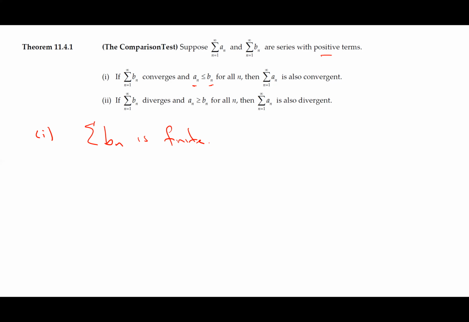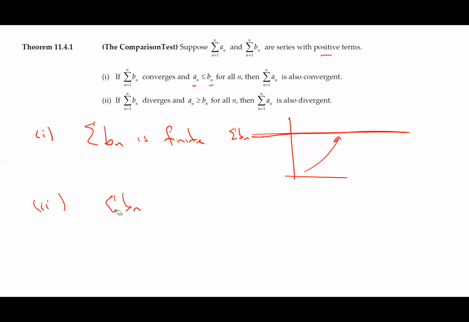If I essentially have put a ceiling on the Bns and the ANs have to live below the Bns, then they can only get so far, okay? And we're talking about positive terms, right? So I'm adding these positive terms, but they can't exceed this value. They must converge.